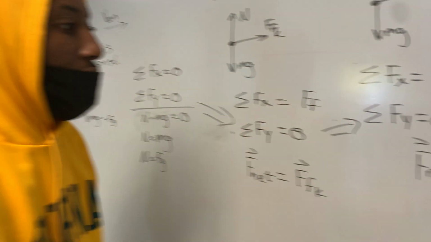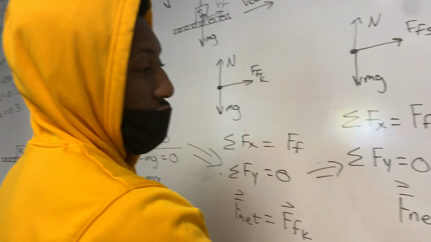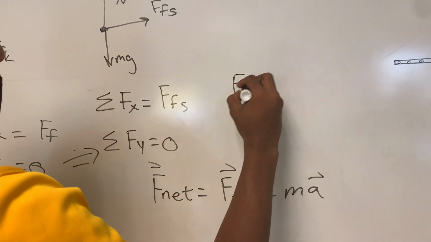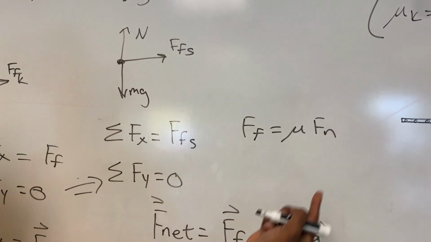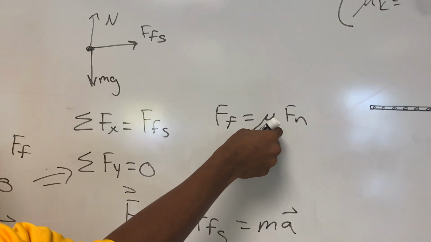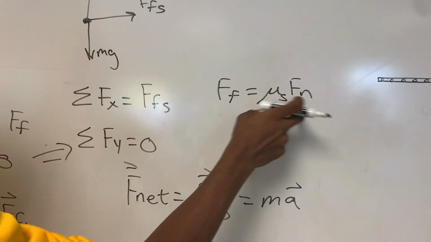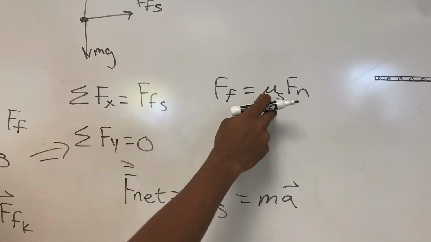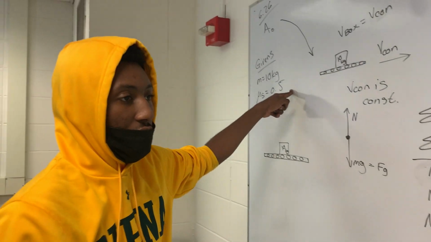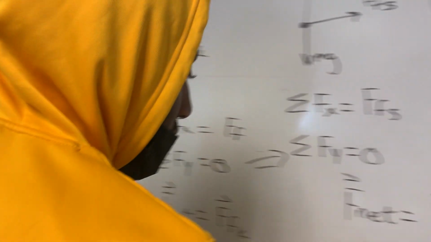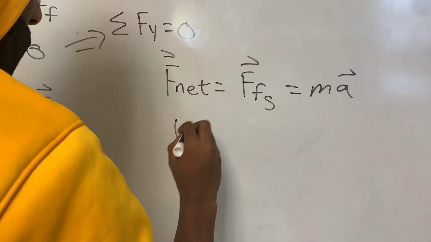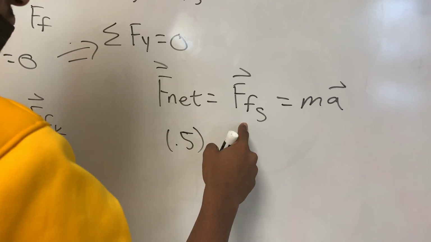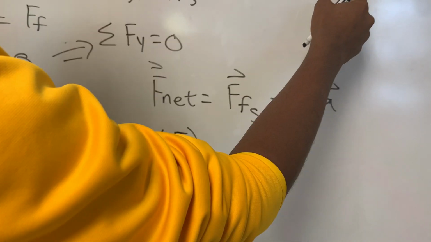So if it equals m a, the friction force equation, I like to call it the Fuffin equation, and this is static, so that'll be S. This is the normal, this is the coefficient of friction from over here, which is the 0.5. So we have 0.5 times Fn.